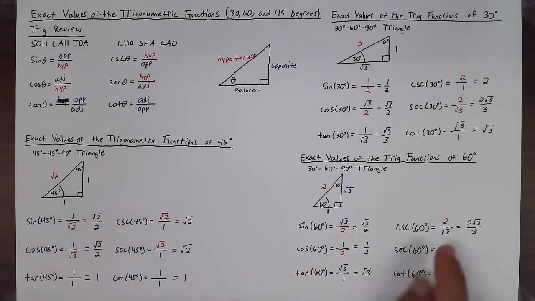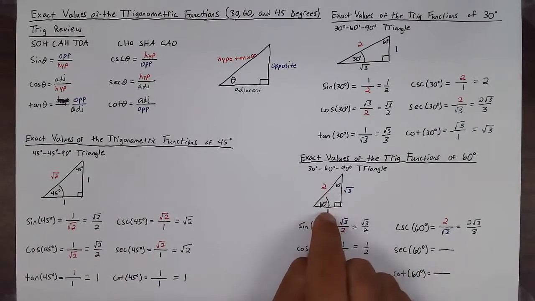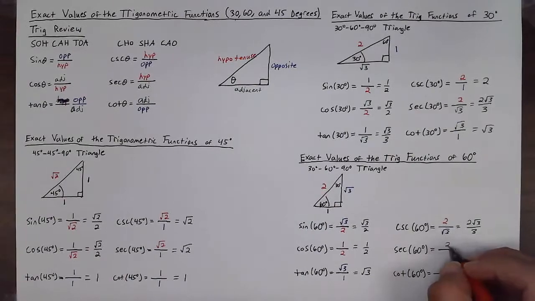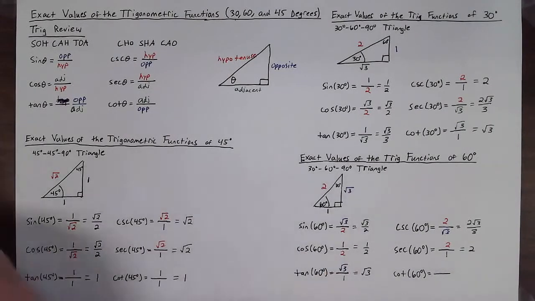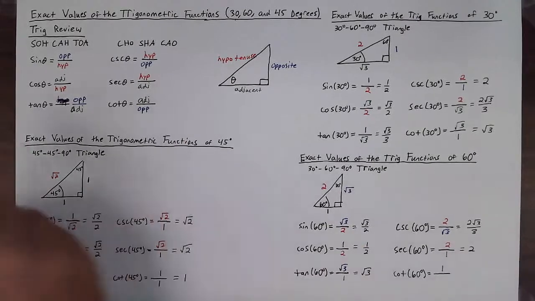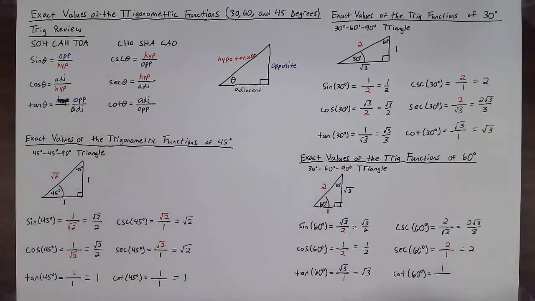And then we have secant, which will be hypotenuse over adjacent, give me just 2 over 1, which when simplified just leaves me with 2. And then cotangent of 60 degrees would be adjacent over opposite, give me 1 over the square root of 3, which when rationalized leaves me with the square root of 3 over 3. Now you know how to find the exact values of the trigonometric functions at 30, 60, and 45 degrees.